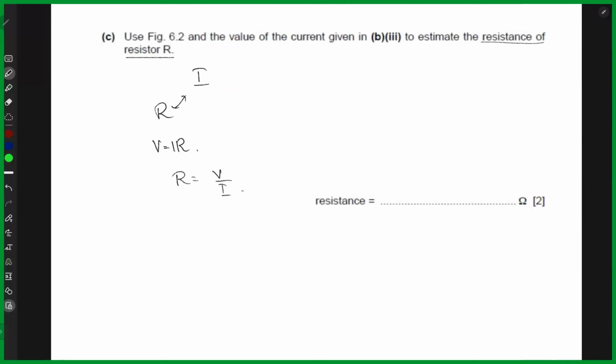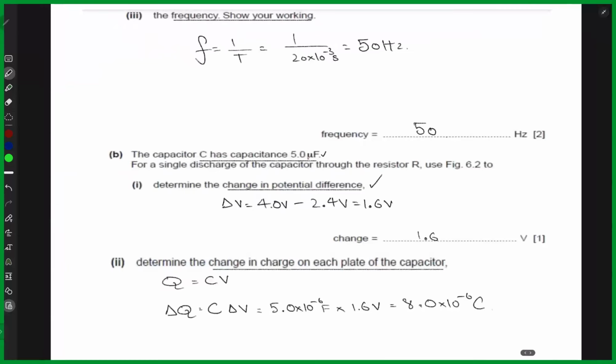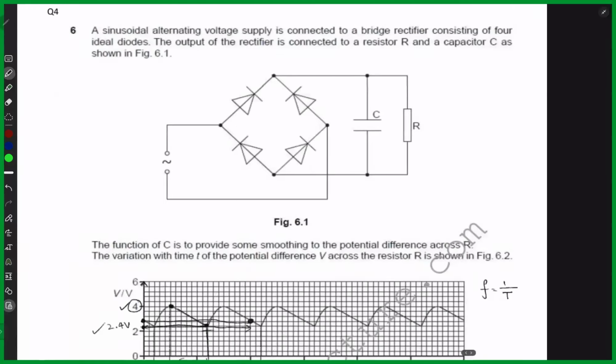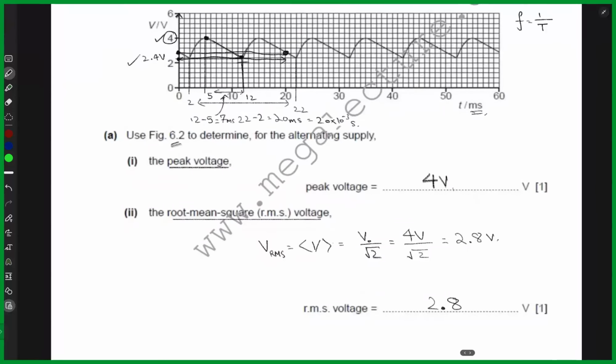So remember, the current is the average current. So corresponding to that, we require the average potential difference. So what would be the average potential difference? Did we compute that? We did, right?